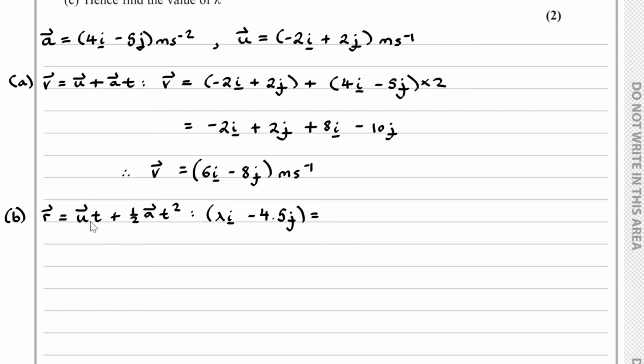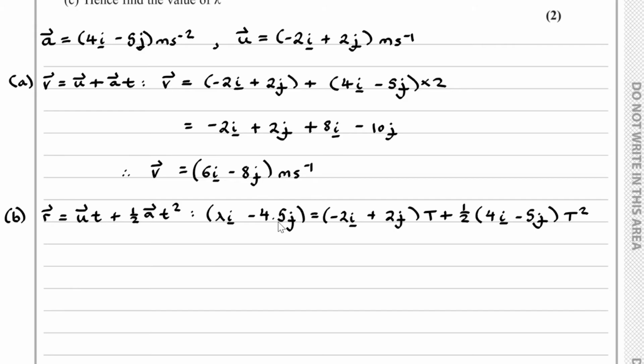This is equal to u, which is minus 2i plus 2j, multiplied by the time. We know the time to be capital T, and then we add on 1/2 times the acceleration, so 4i minus 5j, multiplied by T squared.